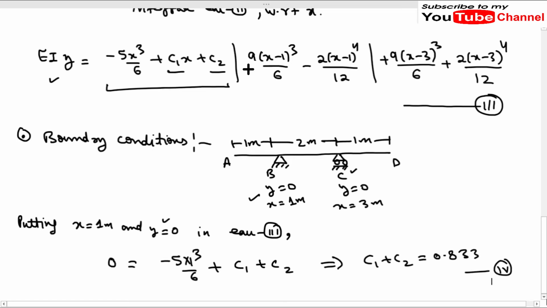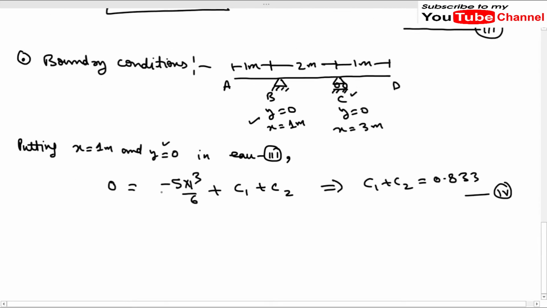Now the thing is to use the second boundary condition. Put x is equal to 3 meters and y is equal to 0 in equation number 3.